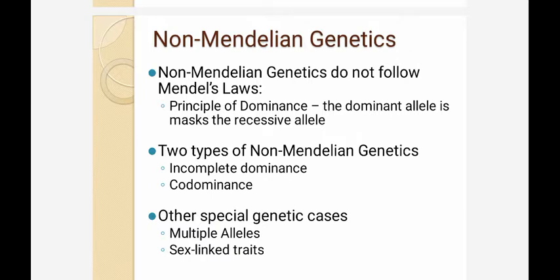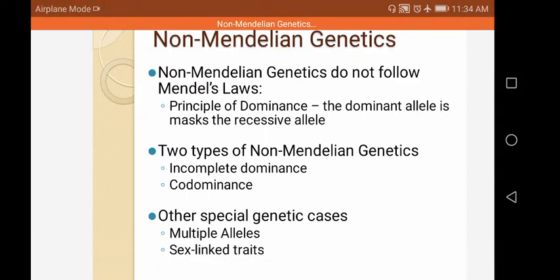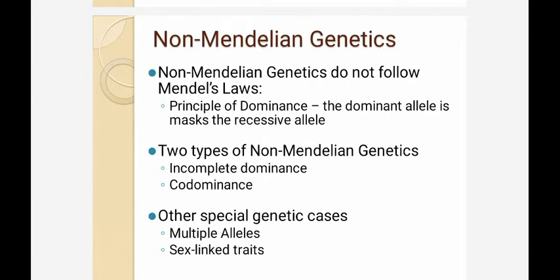He said one is a dominant allele, another is a recessive allele. But here in non-Mendelian genetics, we can see two alleles are dominant, so it is not following Mendel's law of dominance.